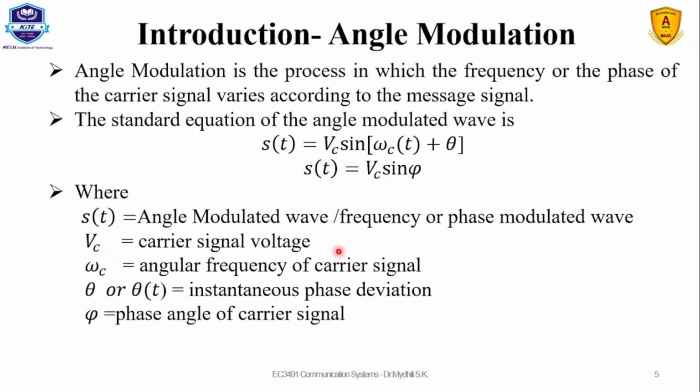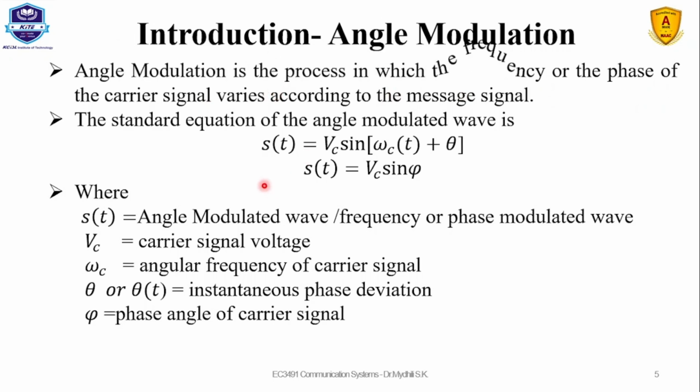Start with angle modulation. So what is angle modulation? The angle, the meaning itself, is related with the phase changes or the frequency changes. So angle modulation is the process in which the frequency or phase of the carrier signal is varied in accordance with the message signal.